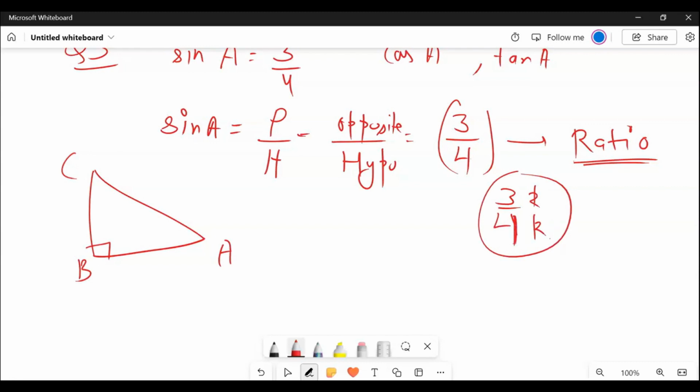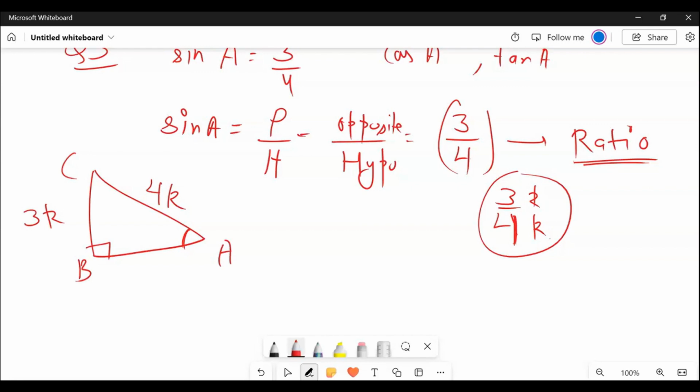If we do not multiply it by k, the ratio cannot become the side. So for this, perpendicular with respect to angle A will be 3k and this will be 4k. Okay, I hope you get it.